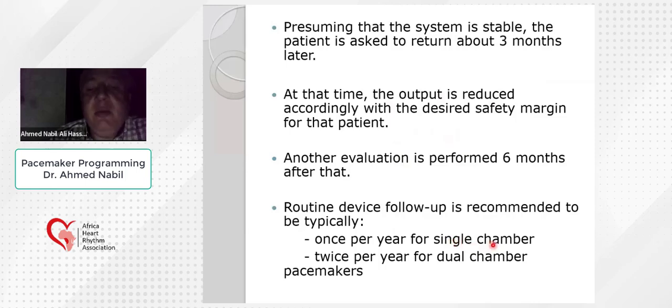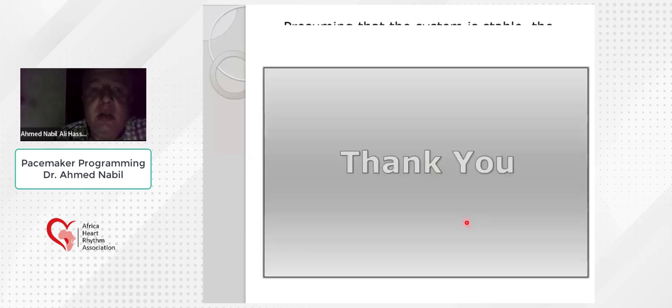Regarding single chamber pacemakers, some electrophysiologists may feel that twice per year is not much needed, and can program the patient only once per year. But actually, we routinely do it twice per year. This means that every 6 months we do a pacemaker programming, whether for a single chamber pacemaker or a dual chamber pacemaker.